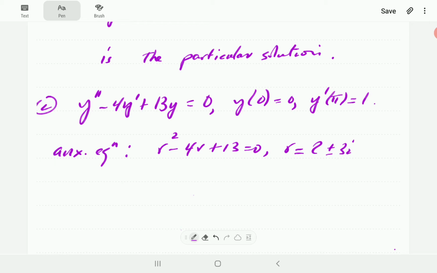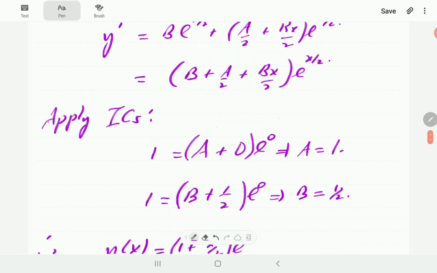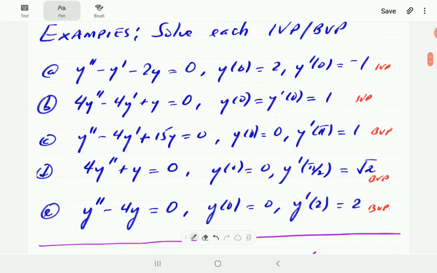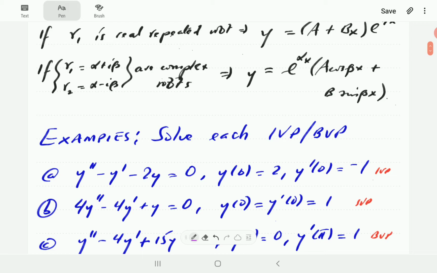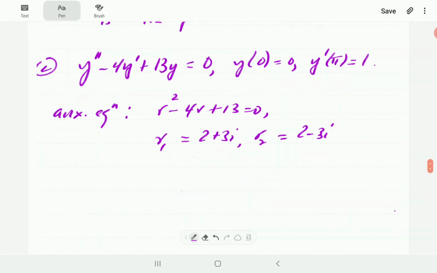So what that means is that r1 is 2 plus 3i, r2 is 2 minus 3i. So if we put it in the framework of what we have here, it means alpha is 2 and beta is 3.